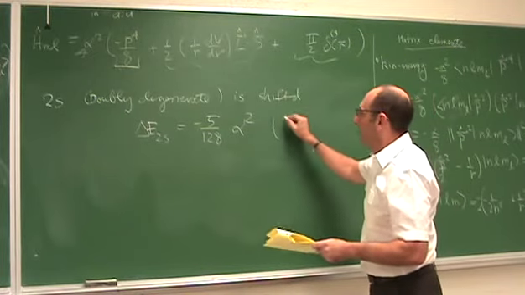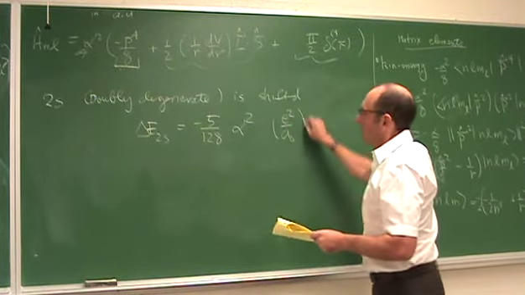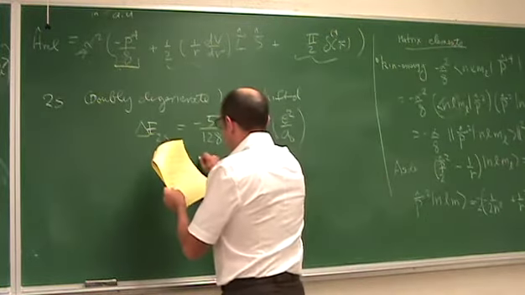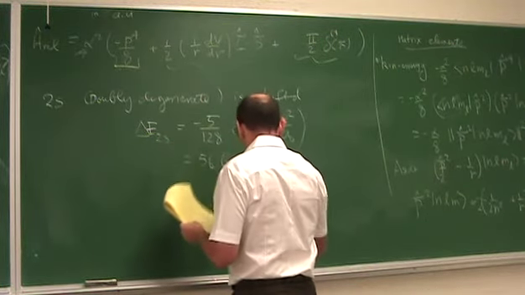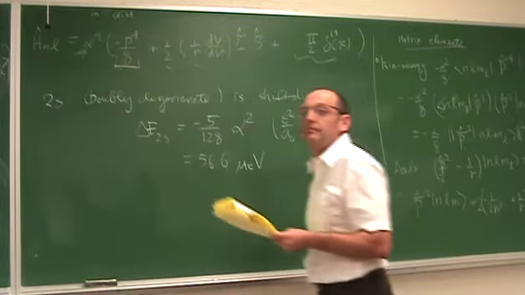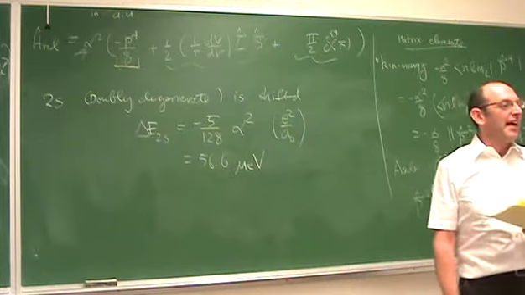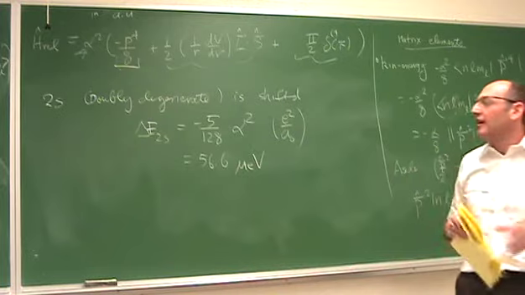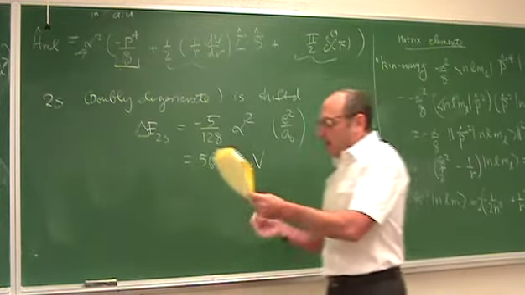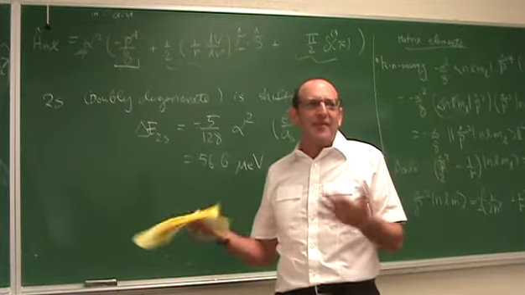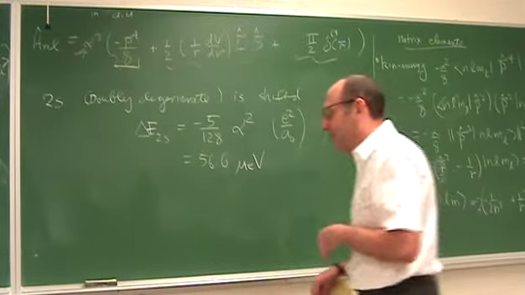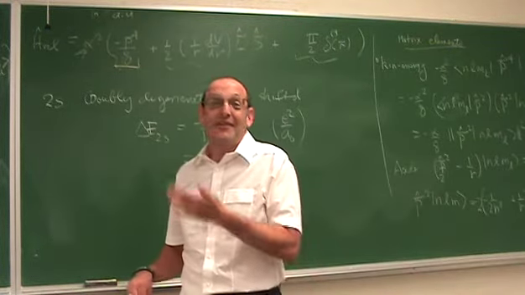Okay, and if I put it back in atomic units, it's that, which is 27.2 electron volts. So this energy is equal to 56.6 micro eVs. Now, who the heck knows what that is? It's not a unit that perhaps we typically work with. There's lots of different units that one typically works with. If you look at traditional atomic physics spectroscopy, they work in something called wave numbers. What the heck is a wave number?